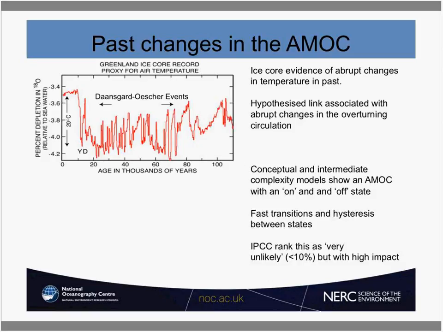There are some very simple conceptual models that show that, particularly the Stommel box model, which is the classic one where it all started from. But some intermediate complexity models show an AMOC with an on and an off state, which would have a massive implication on climate. However, the IPCC, the Intergovernmental Panel on Climate Change, ranked this as a less than 10% likelihood event. So it's an unlikely event, but with a high impact if something was to happen.